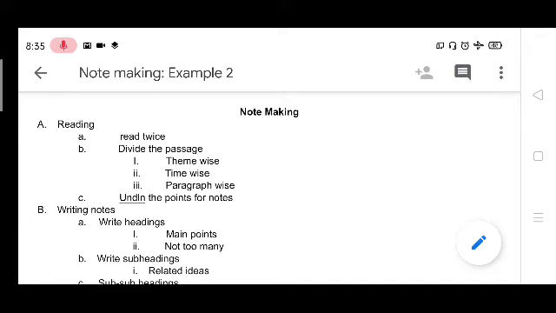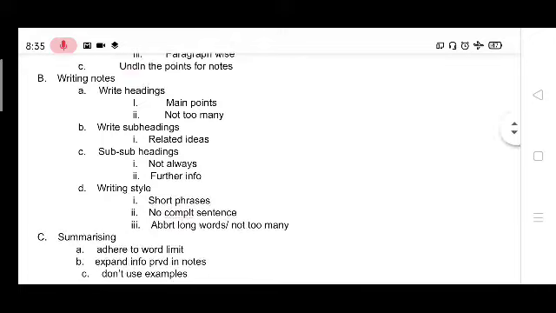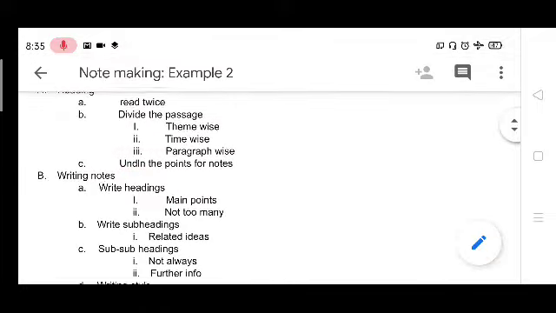Now first the revision, note making. Now see, whatever I want to discuss in this revision, I have written that in form of notes. So note making is the title of these notes which I have made on revision. Capital A, capital B, capital C, these are the headings.